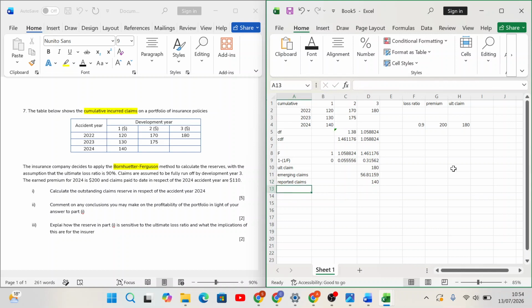And from that, we are also given the paid claims by the examiner, which is 110. So we have paid claims, which is 110. So with that, we are able to calculate the outstanding reserves.